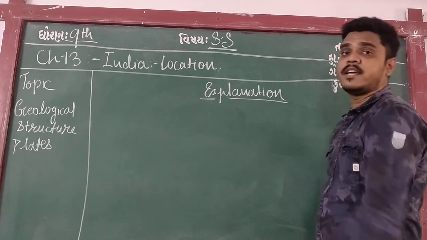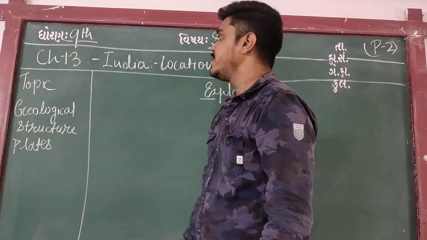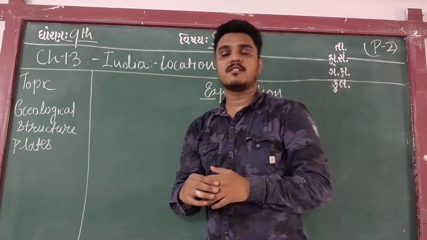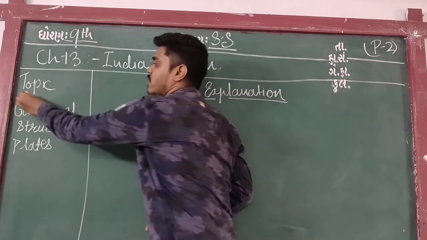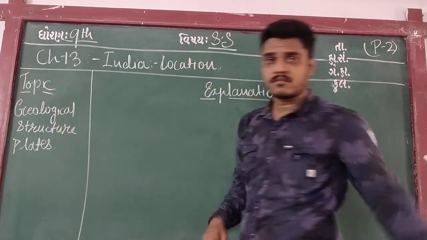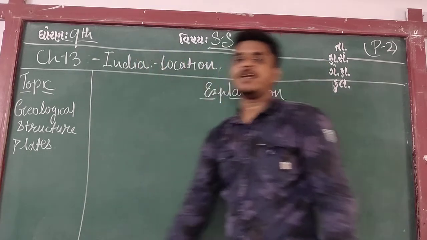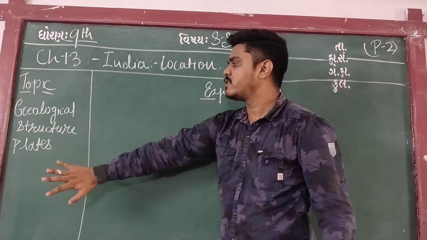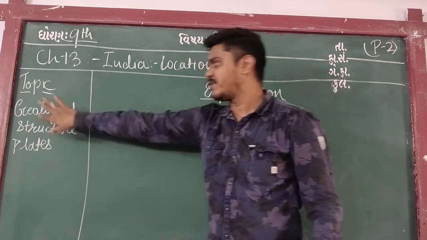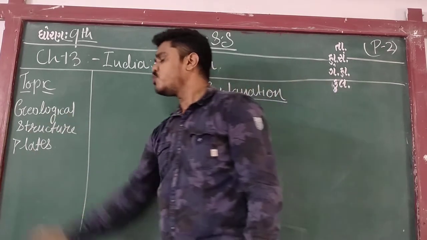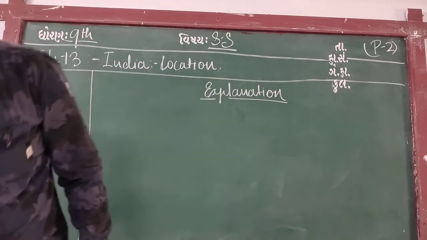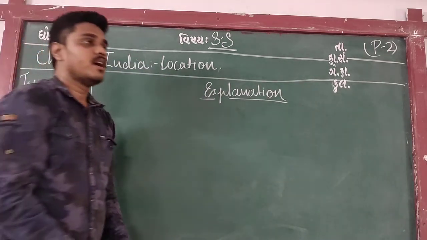Okay, now chapter 13 is quite small for us, so I will go very slowly on these two topics. Still, we have one remaining topic. We'll make sure that the third topic is covered after this topic. Let me explain what a geological structure is.